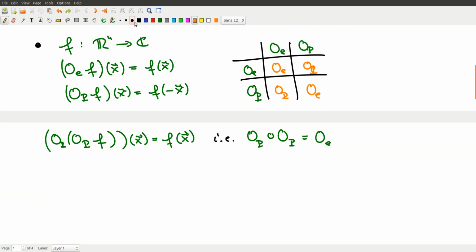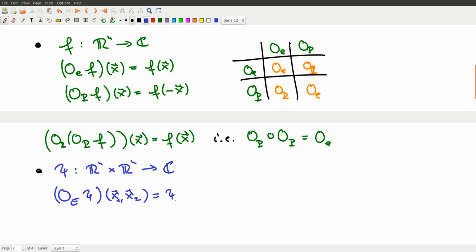And one last example. Let's consider once more functions of, say, two variables, each in R^n. So we go from R^n times R^n into the complex numbers, say, doesn't matter. And now O_E shall be the operator acting on psi and evaluated at x1, x2, gives us psi of x1, x2.